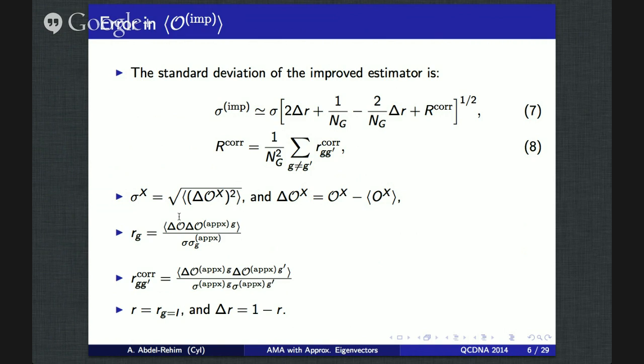Capital R is the correlation between the various source locations that you have chosen, while the r without any subscript means the correlation between your approximate operator and your original operator. So this is the point.